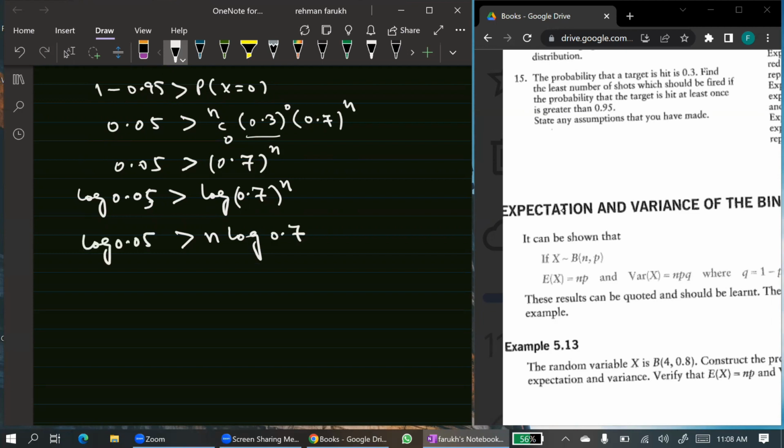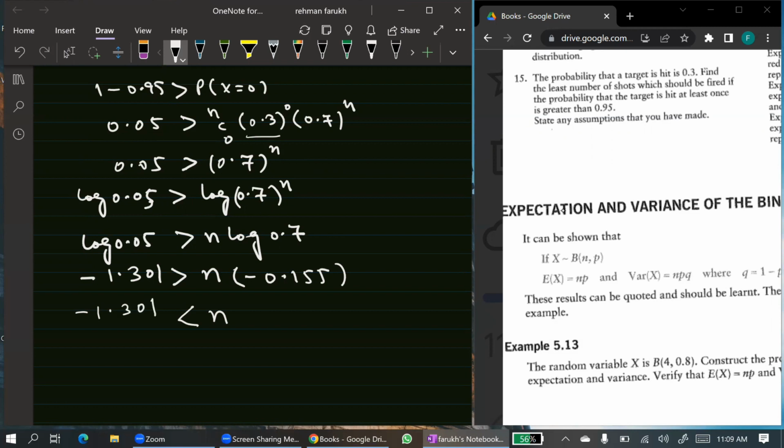The value of log 0.05 is minus 1.301 and the value of log 0.7 is minus 0.155.